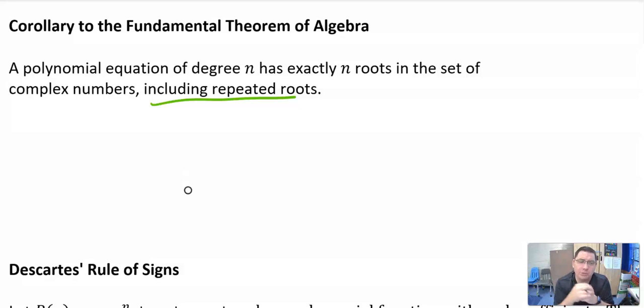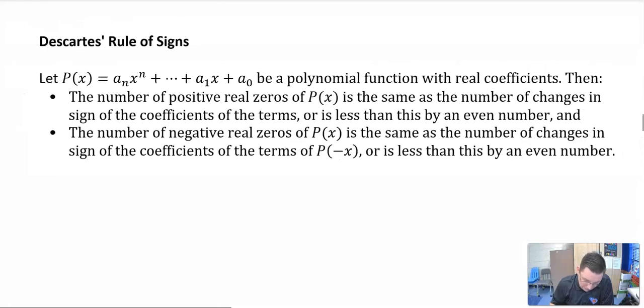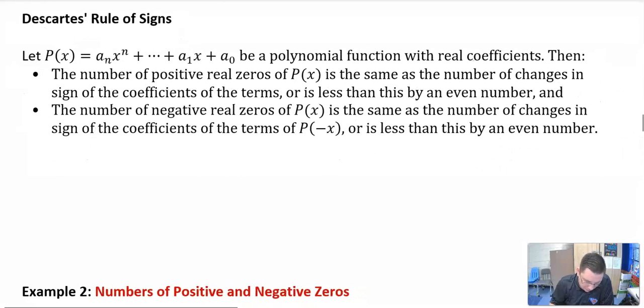Okay, and so Descartes' rule of signs is what's going to help us with this next process. So we're going to let us have a function of nth degree, and it has real coefficients. The following 2 things are true then. The number of positive real zeros of the function is the same as the number of sign changes in the signs of the coefficients of the terms, or is less than that by an even number.